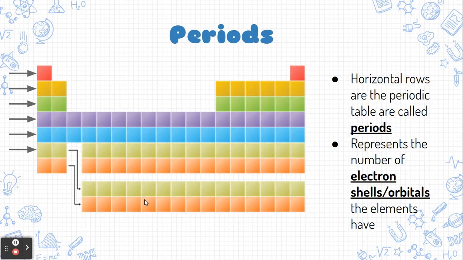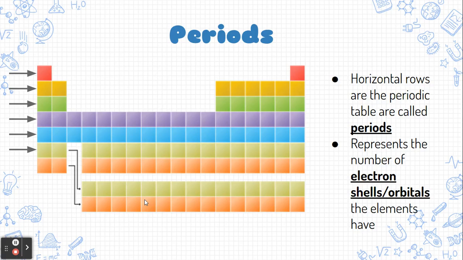But they have another name. They call them periods. So we have groups or families, and we have periods. These are the only names you need to know about. They look this way or that way.